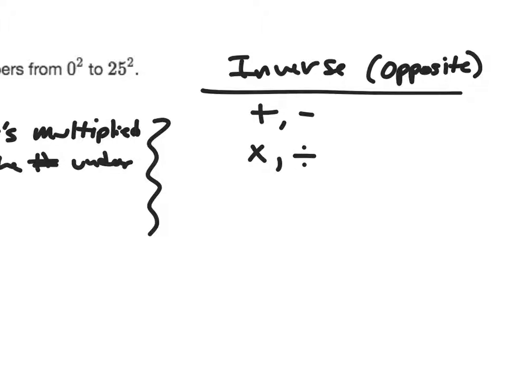The opposite of squaring something would be taking the square root of that, and so they undo each other. Taking the square root is the opposite of squaring something.